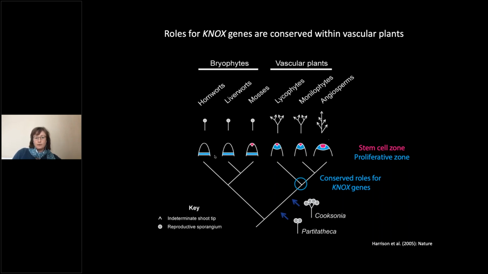And working back through the backbone of the tree in this diagram, this finding told us that roles for class 1 KNOX genes in promoting proliferation and indeterminacy are likely to be a conserved or shared feature of the vascular plant group and inherited from a shared common ancestor of vascular plants. So this moves questions about KNOX function and the evolution of indeterminacy out into the bryophyte sister groups of the vascular plants. Next slide, please, Geraint.